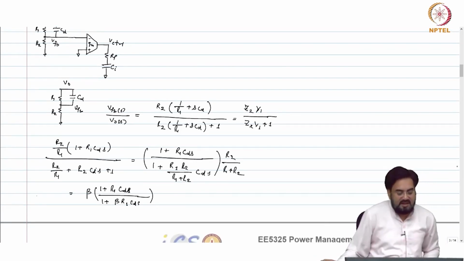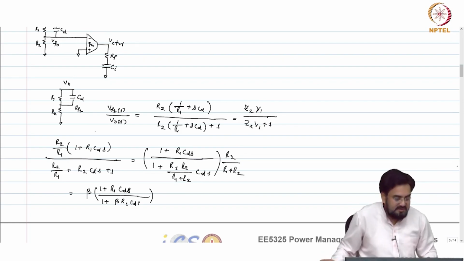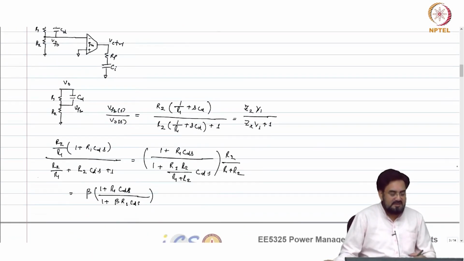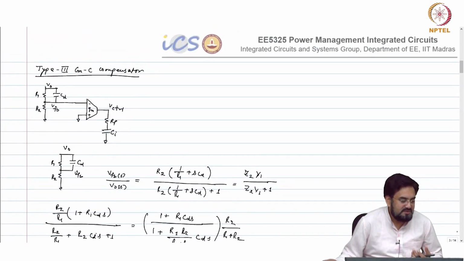So you have a 0 at 1 over R1 CD, which is same as your op amp case, but you have a pole which is appearing at beta R1 CD. So if beta is, let us say 1, they will cancel out each other. So the effect of 0 is gone, because beta 1 means R2 is gone. If I remove R2, then beta becomes 1.